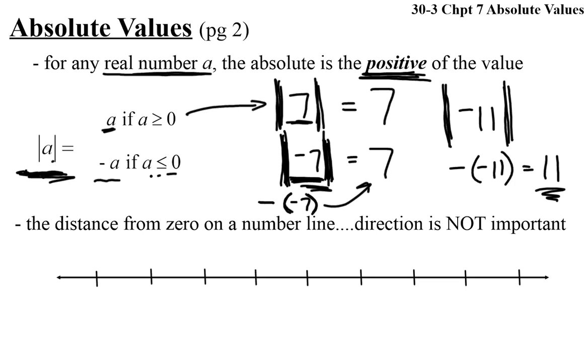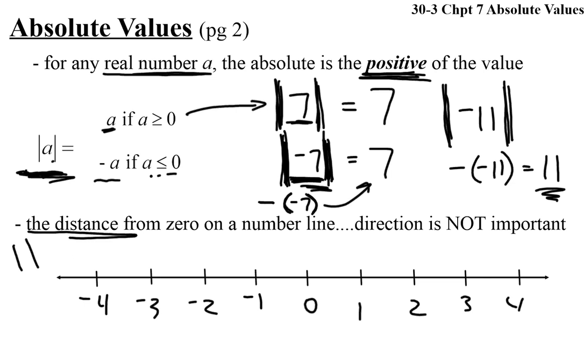Another way to think of it, which is quite popular, is with a number line, which always goes positive to the right, negative to the left. An absolute value is the distance from 0. I don't care which direction it's going. So what's the distance of that line? That line has a distance of 3.